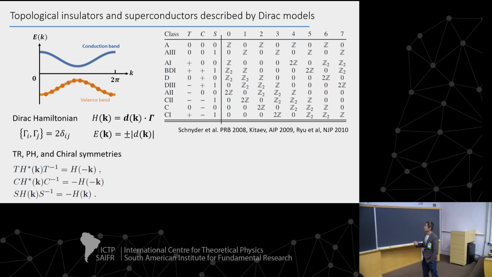And the interesting thing about this periodic table is that it repeats every 8 spatial dimensions. So you see that Z and Z2 and all that mean that their topological invariants are integer values, or binary 1 and 0, or even numbers with 2Z. It was very nicely proposed by these pioneering works.